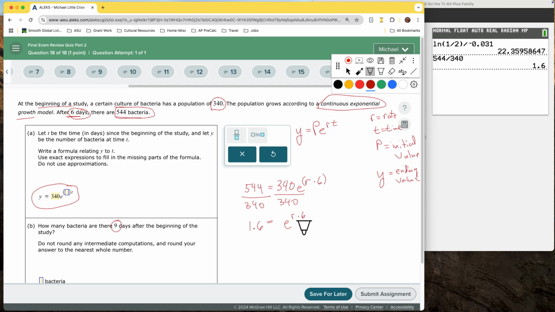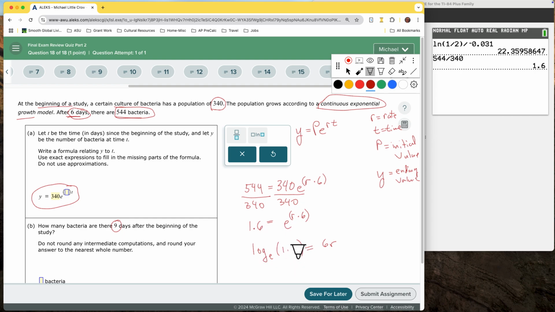Okay, this 1.6, we could do that. Then we do the log dance, or you take the natural log of both sides, however you want to do it. The log dance says that we've got a log base e, which is ln, and the e and the exponent are together, so they have to be on opposite sides of the equal sign. I'm going to write that as 6r, or r6, either way works.